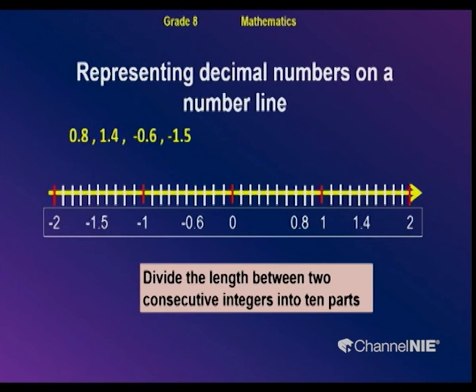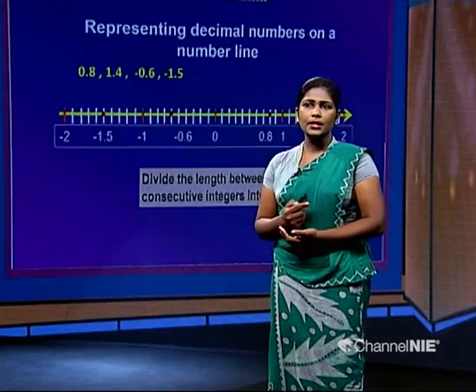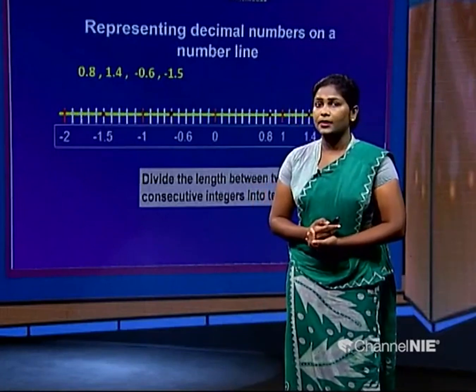Then you can obtain 0.8, which lies between 0 and 1. Then 1.4 is here between 1 and 2. Then negative 0.6 is on the left hand side of 0, and minus 1.5 lies here like that. Now you know how to represent decimal numbers on a number line.